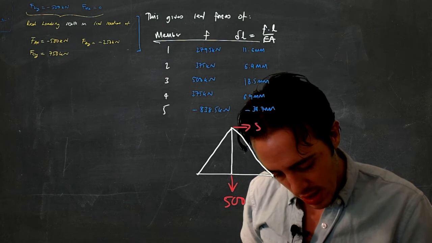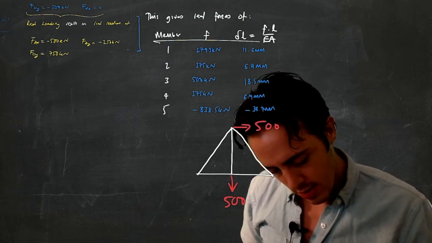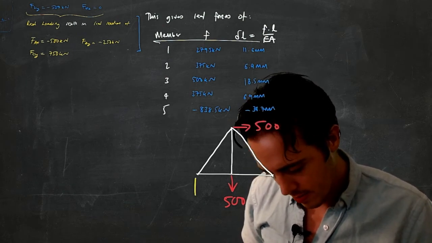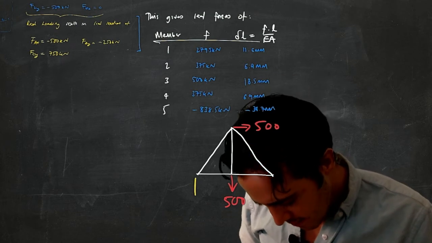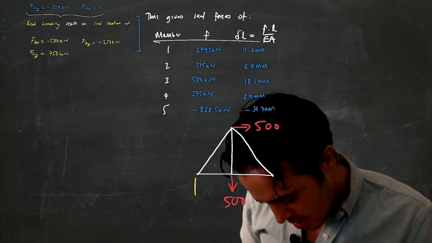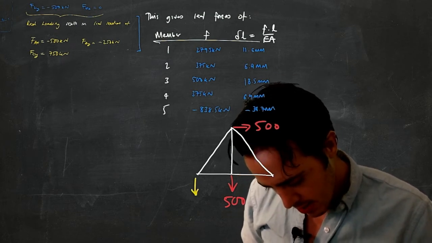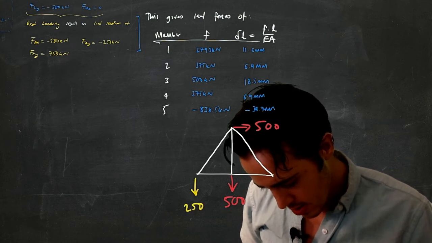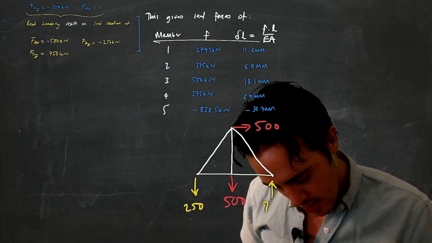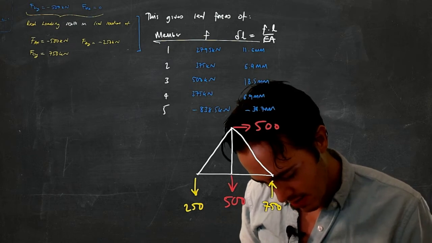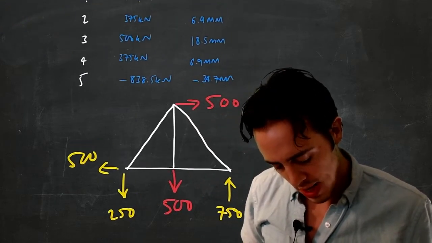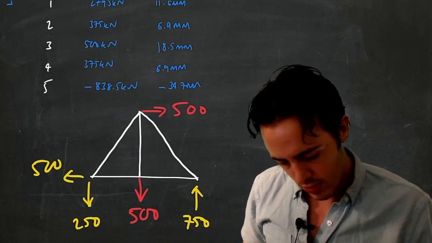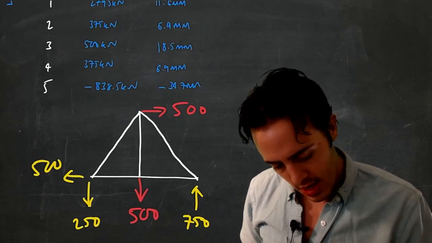I'm going to write everything in terms of kilonewtons. FAY is minus 250. FCY is 750. FAX is minus 500. So let's pick some of the forces and see if they make sense, okay?